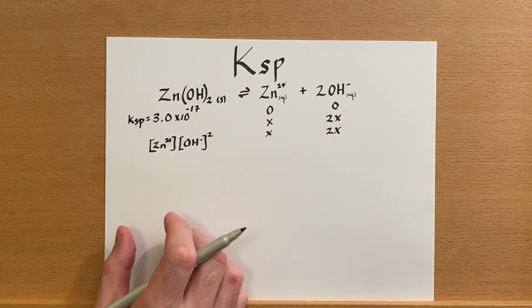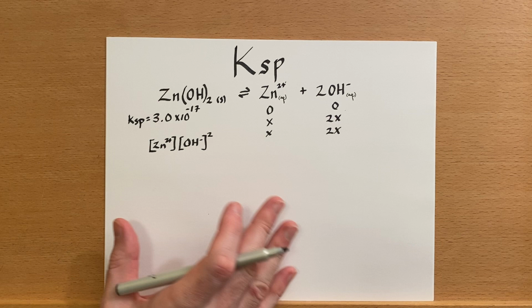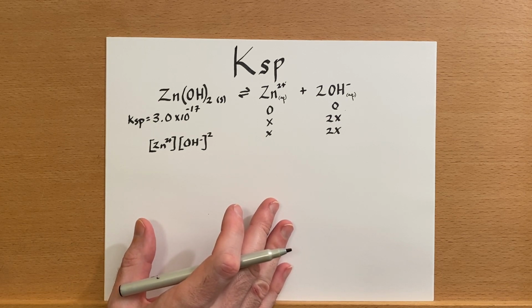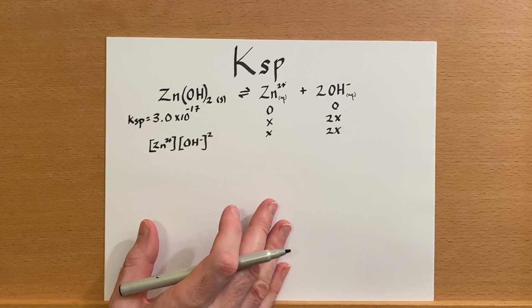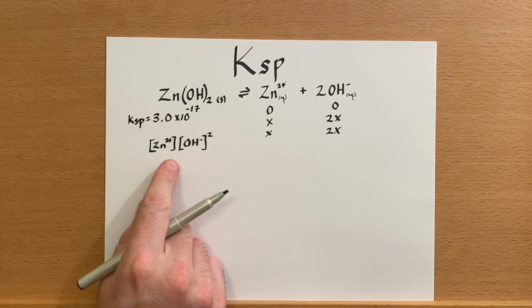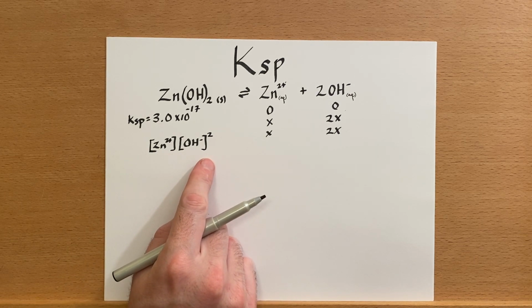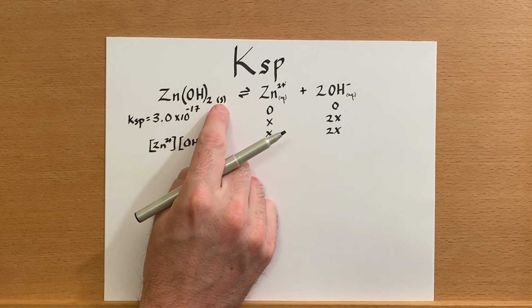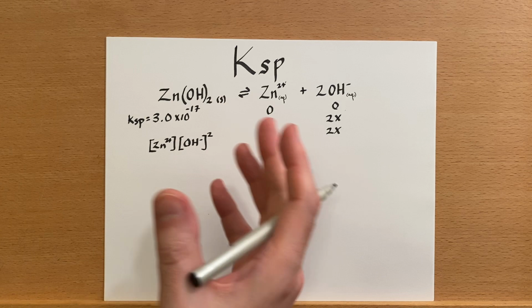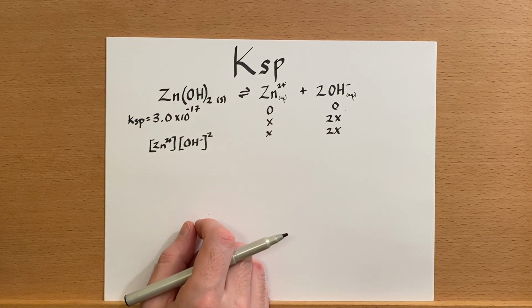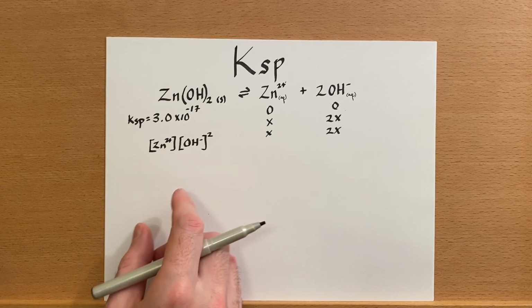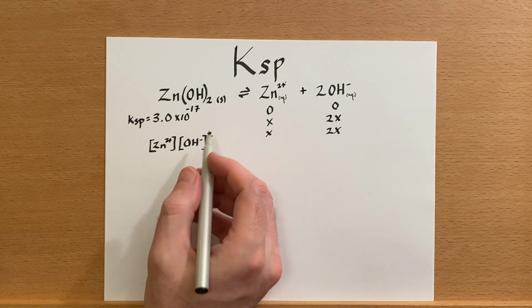But beyond knowing that there's enough to saturate the solution, we don't actually need to know how much is there. It's just not important. Nowhere in our K expression does zinc hydroxide appear since it's a solid. So it's not important to know how much is there, other than making sure there's enough to fully saturate the solution.